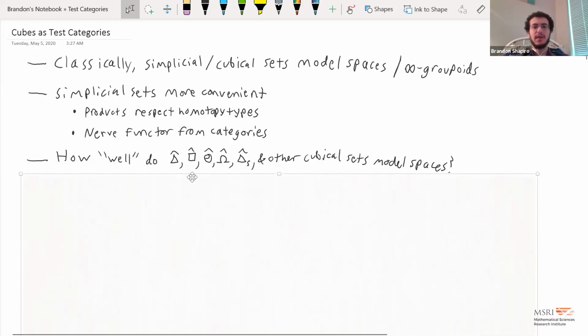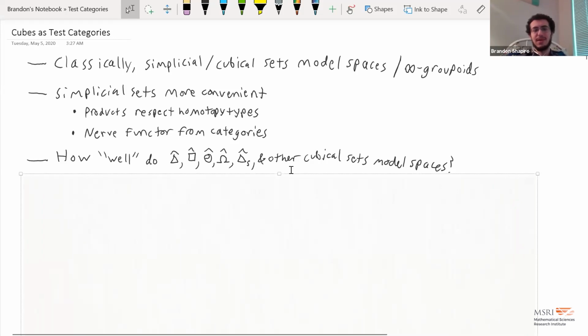We know that simplicial sets, cubical sets, theta sets, omega sets, semi-simplicial sets, other kinds of cubical sets, they all model spaces in some way or another, and in general we get a lot of different kinds of categories like these when we're studying compositional structures. In particular, that's where theta and omega come from in higher categories and multi-categories.